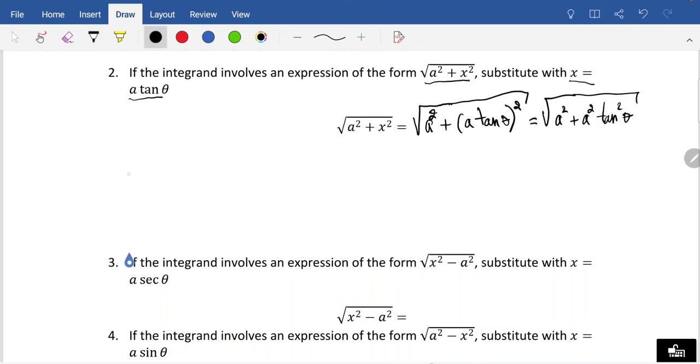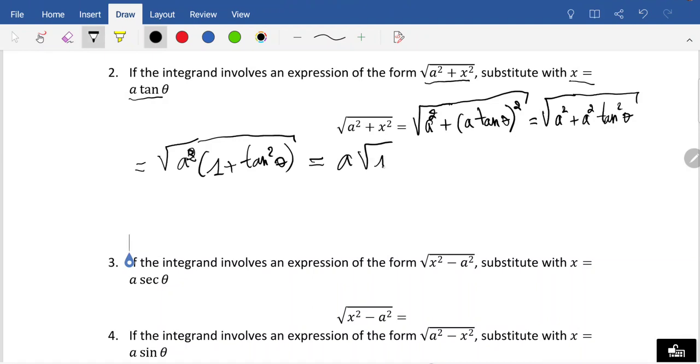And this is just equal to the square root of, again, a squared is a common factor there, we have a squared multiplied into 1 plus tan squared of theta, and this is just equal to a, which comes out of the square root sign, multiplied by the square root of 1 plus tan squared of theta.